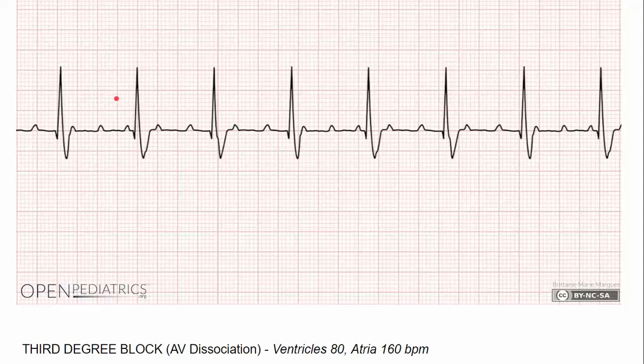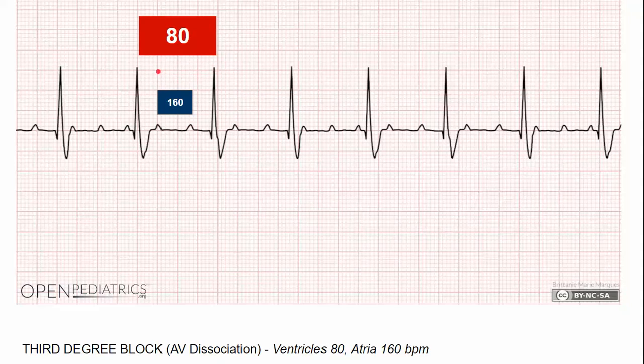So let's try to prove that again, just to look at it. We look at this QRS because it's right on a big line, and anytime it lands there, we can easily calculate the rate: 300, 150, 100, 75. A little bit faster than 75. This is going about 80. You say, oh, that must be sinus rhythm.